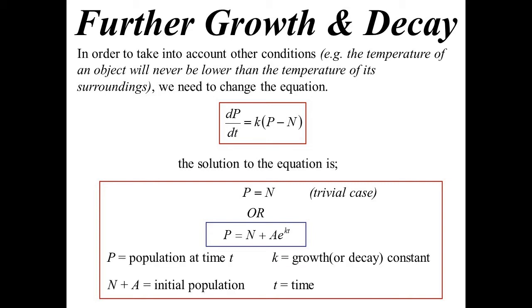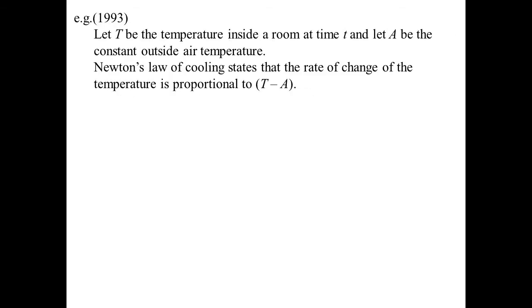So P still represents population, but now N plus A would be the initial population. K is still our growth or decay constant, and t, of course, is still time. It's quite an old question now, but to use that idea of temperature, T is representing temperature inside the room at time little t, and capital A is the constant air temperature of the outside surroundings.